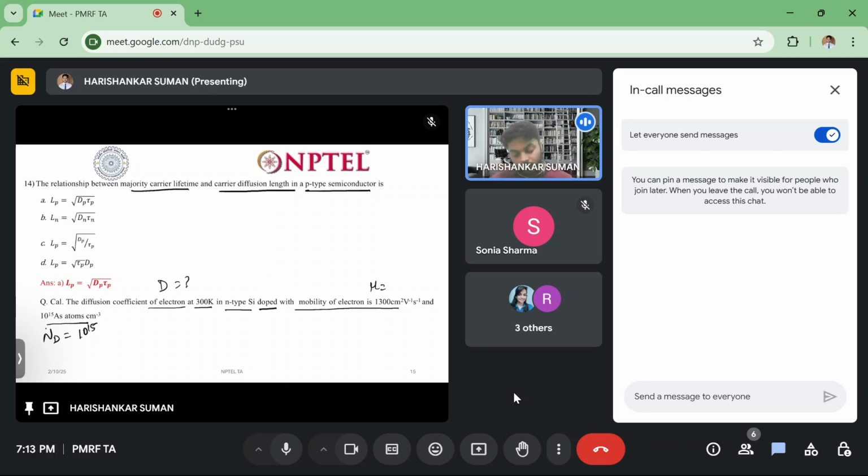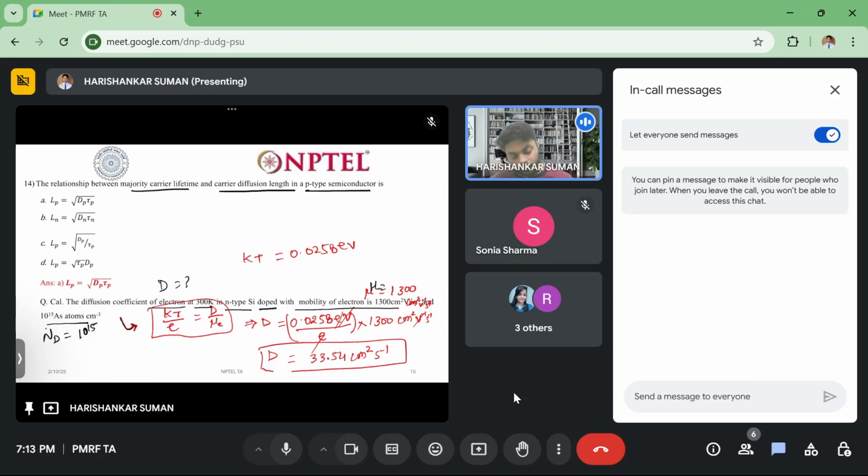So please solve this equation. One minute. Do you know this equation?